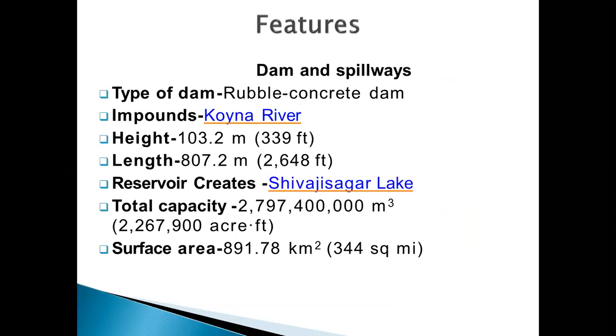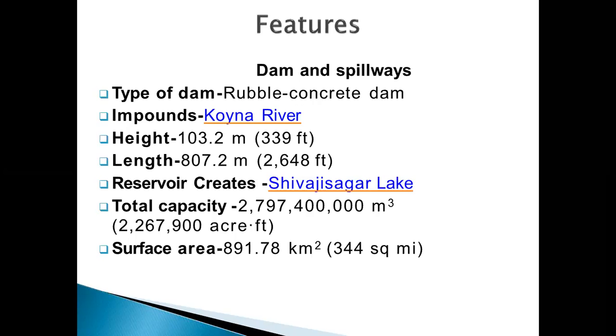The reservoir name is the Shivsagar Lake, having a total capacity of 2267900 acre feet. Or if you convert it into cubic meter, it is 2797.46 million cubic meter, the total volume of water it can store, having a surface area of 891 square kilometers.